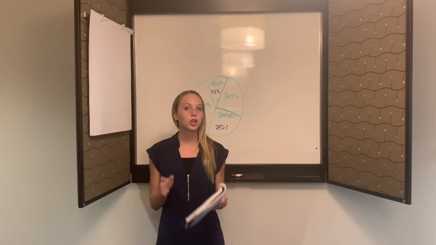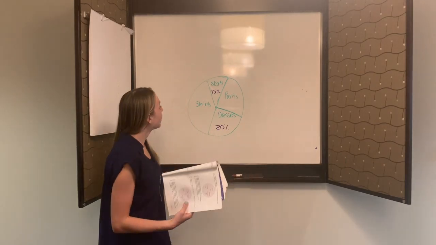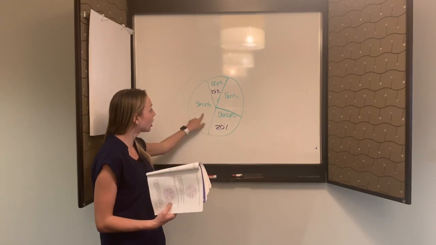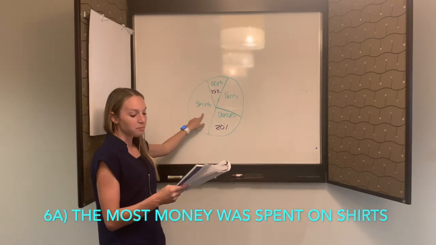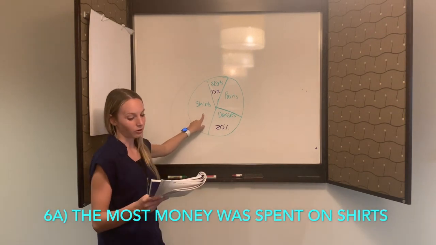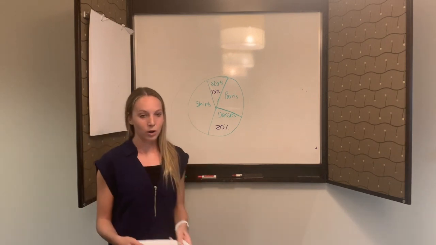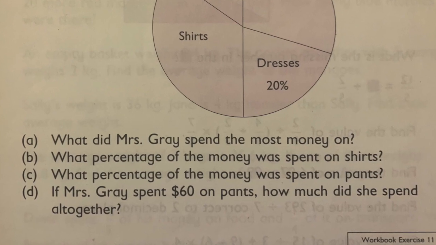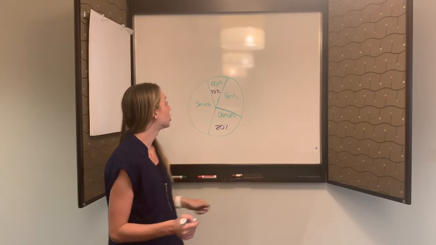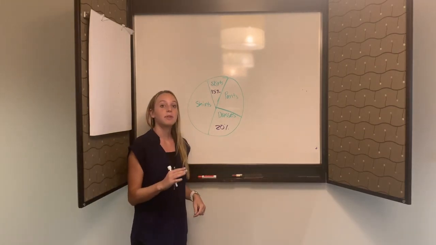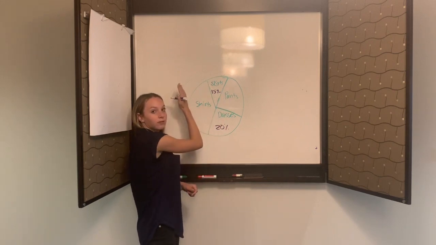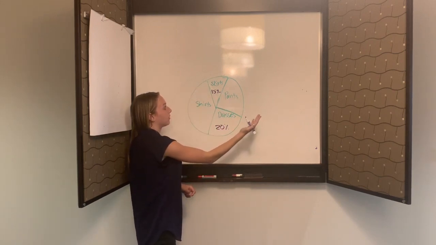When looking at the pie chart, I can visually see that shirts would be the most money that Mrs. Gray spent money on. B asks, what percentage of the money was spent on shirts? So like I said before, that one half would be 50% and the other half would be 50%.